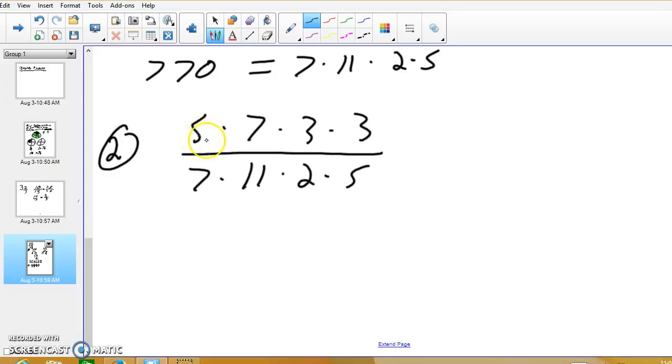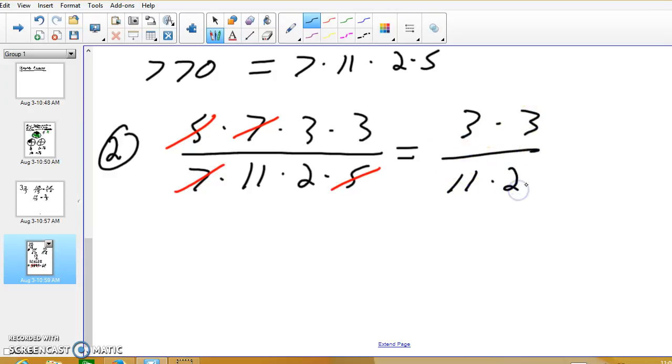Well, there's a 5 on top and a 5 on bottom, so I'm just going to cross those out. Similarly, there's a 7 up top and a 7 on bottom. I'm just going to cross those out. And now there's a 3 and a 3 and a 2 and 11, so I can't cross any more out. So this is equal to 3 times 3 over 11 times 2.